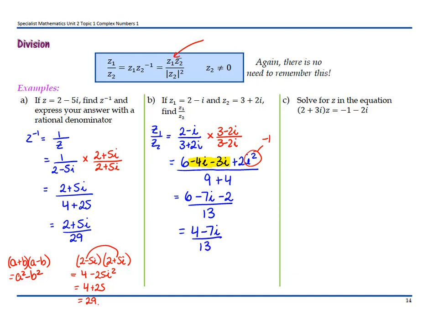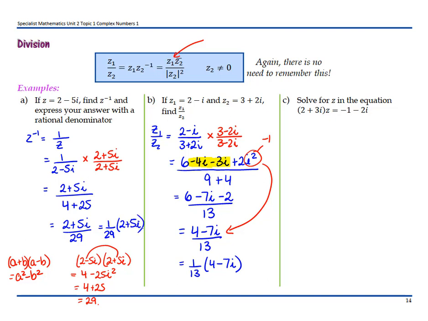But you should be able to go from this step to that step. I'm just writing that intermediate step to make sure you can see where I'm at. Now this could also be written as 1 over 13, 4 minus 7i. And I should have, with the previous one, said that that's the same as 1 over 29, 2 plus 5i.